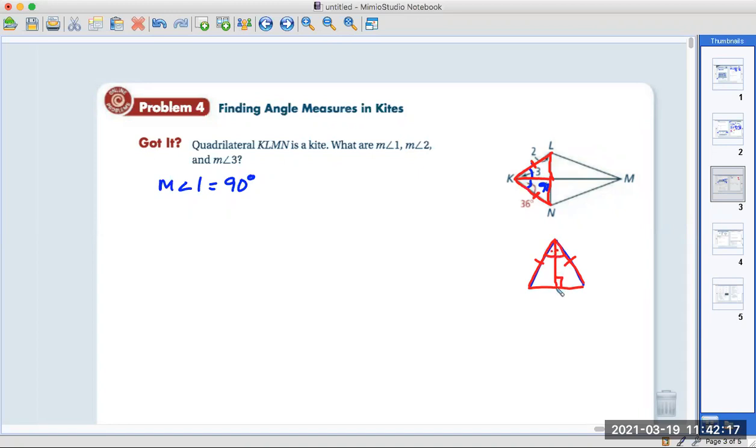That's called a perpendicular bisector in an isosceles triangle. Perpendicular angle bisector. Isosceles triangle.